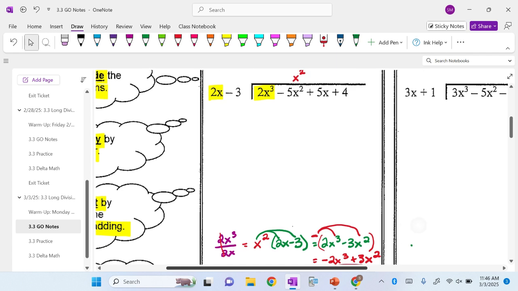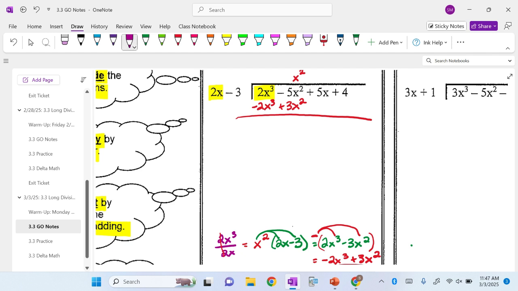All right. So right underneath the 2x cubed minus 5x squared, I'm going to write negative 2x cubed plus 3x squared. And then I'm going to add by combining like terms. So what should happen is that the first terms you divide by should cancel out. Does it?